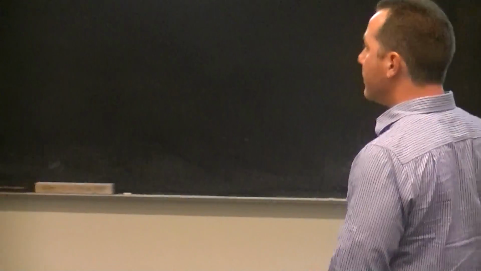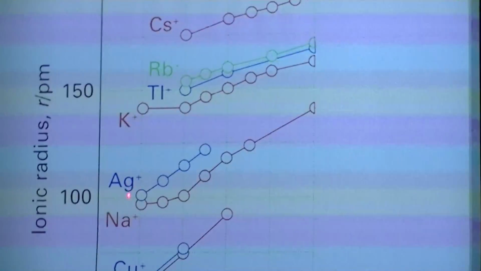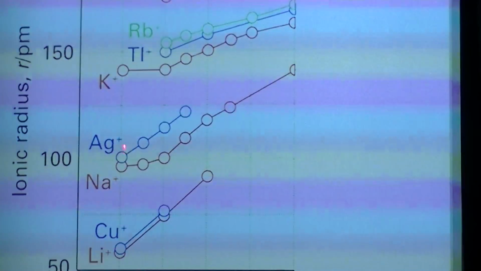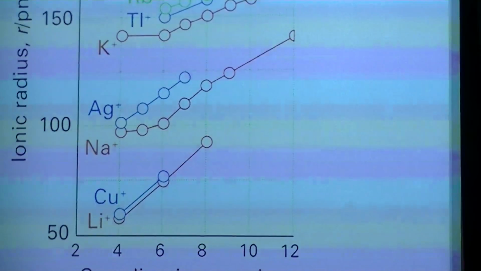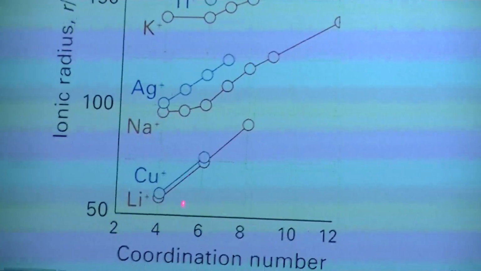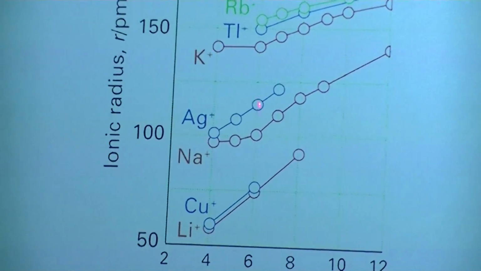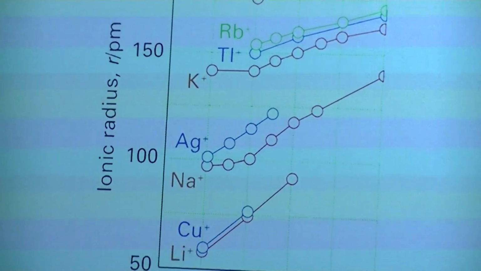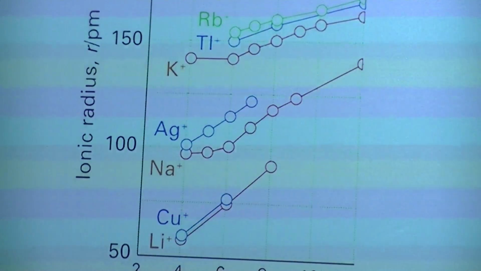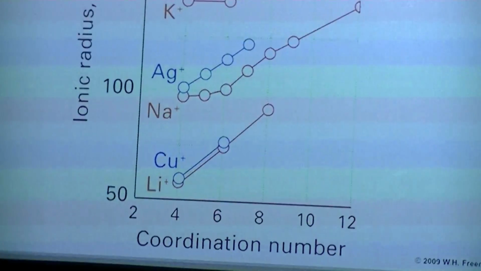And you can see it here. There's rubidium right there, and there's silver right there. You can see that silver is smaller. Of course, the coordination number here is a little bit different, but here it is 6. So silver is smaller than rubidium, and this is a general trend. You move to the right in the periodic table, the ionic radius is going to decrease.